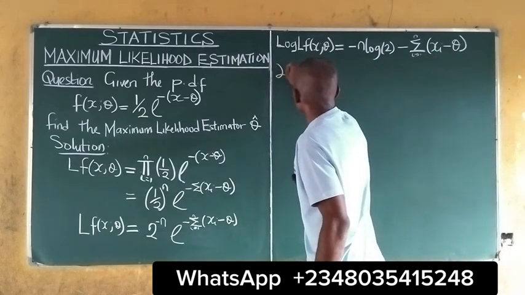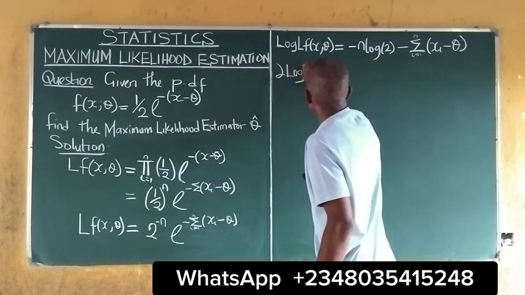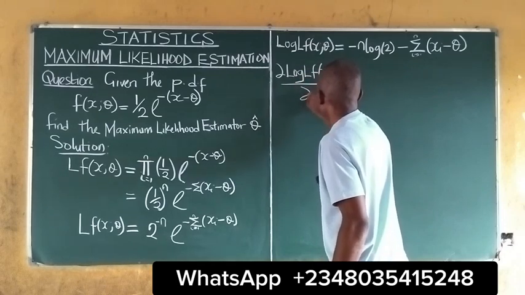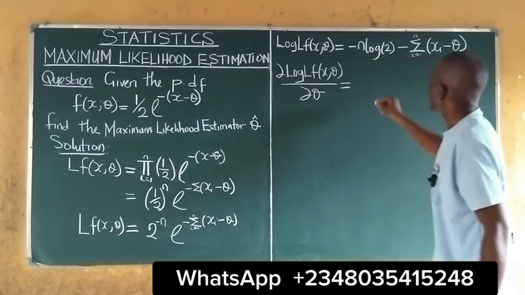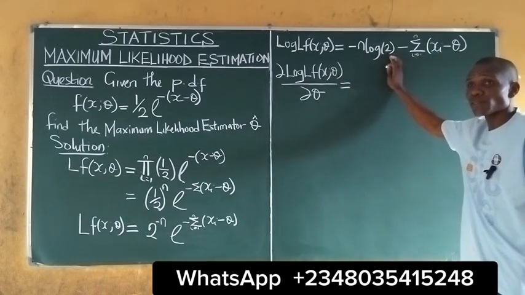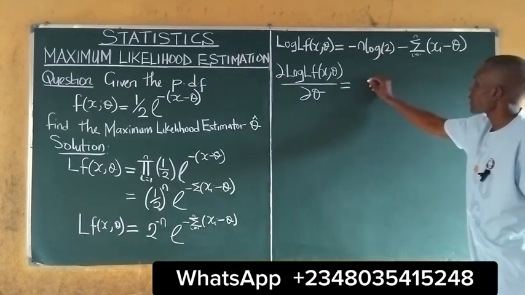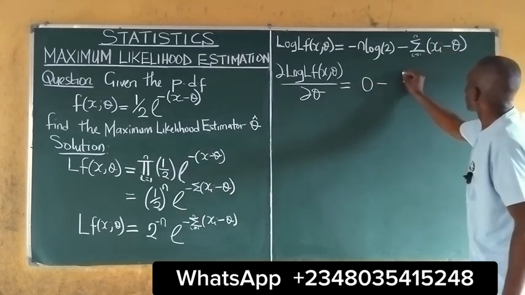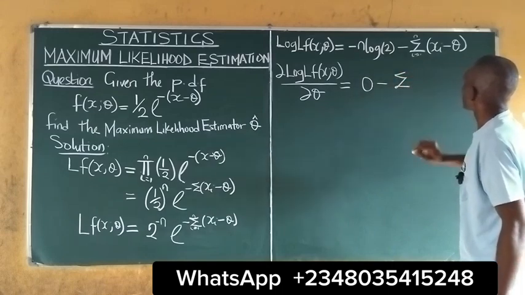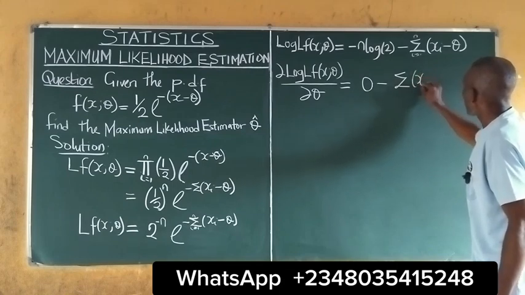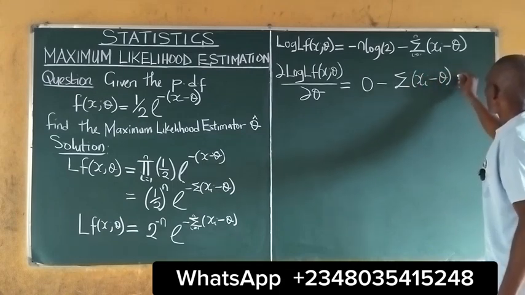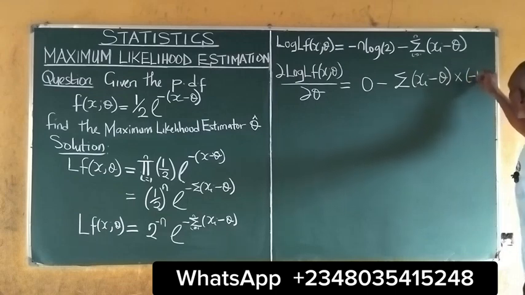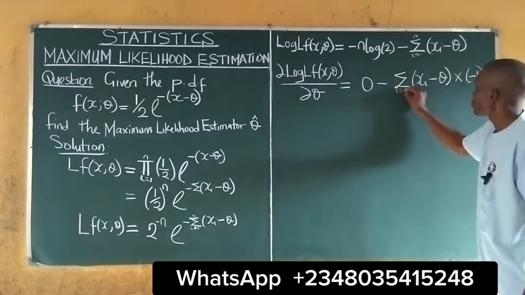So differentiating with respect to theta, the first term gives 0, because there is no theta in it. Then minus, if we differentiate this, we get summation of xi minus theta, multiplied by, since it is a composite function, we differentiate what is inside, negative 1. This is still running from 1 to n.